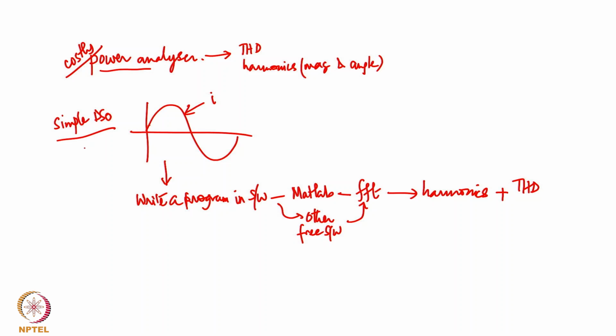So this is a cheaper alternative compared to the costly power analyzer. Of course the power analyzer is very useful because on the run, when you are doing the experiment, you just put your current signal into it and it will immediately show all the harmonics, sometimes graphically, in a nice presentation. But if you do not have the power analyzer, then this is a cheaper alternative which you can do yourself in the lab.